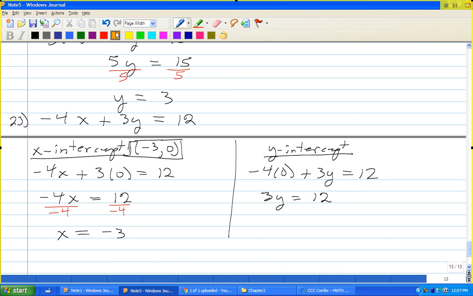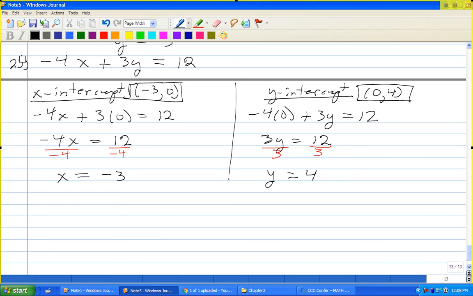Divide both sides of my equation by 3. So y is equal to 4. So my y-intercept is at the point 0, 4. Okay. Let me do problem number 25.